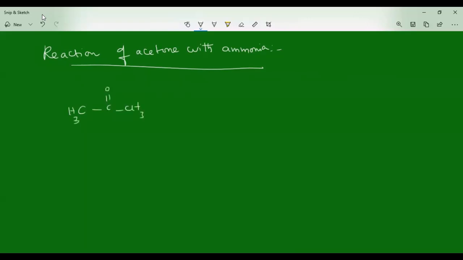You take 2 moles of this with ammonia, NH3. This acetone is said to give a compound called diacetone ammonia. It is an addition product, where NH2 is attached at one of the valences of the carbonyl carbon.